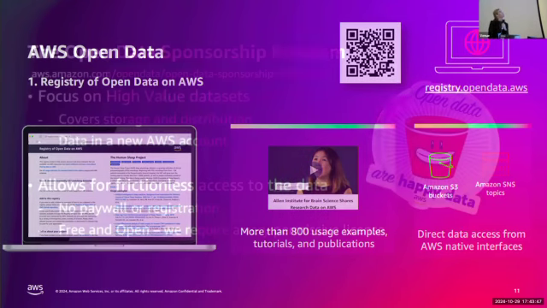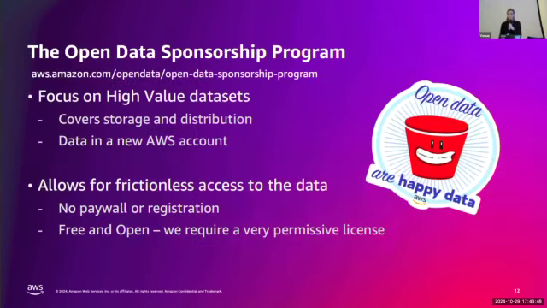And the second one is the sponsorship program. The open data program does not just have high value data sets, but we want to create a program that has wrangled, annotated, labeled data that can be used for more advanced types of research. And we cover the monthly cost of the storage, and we also cover the egress.